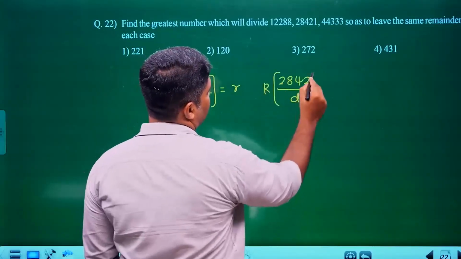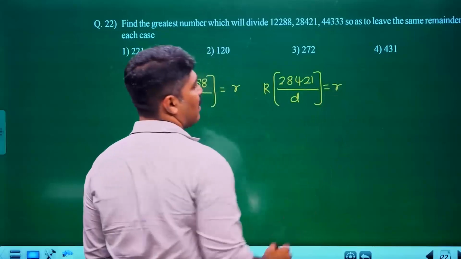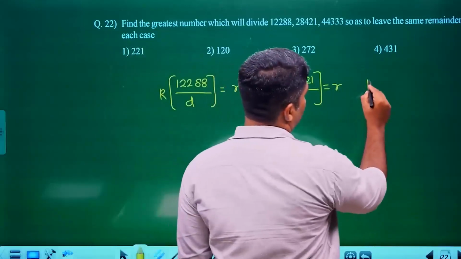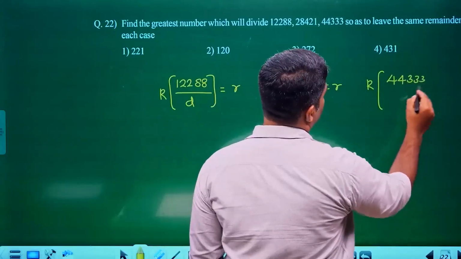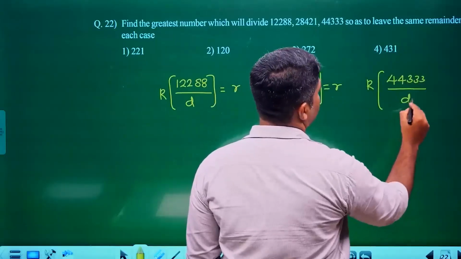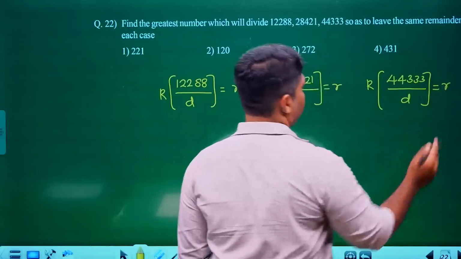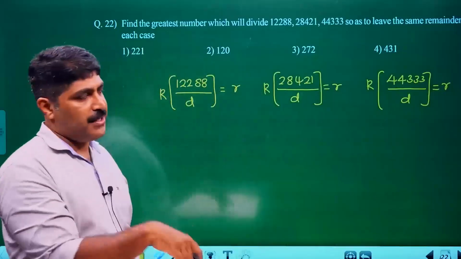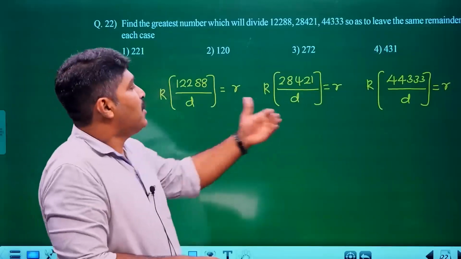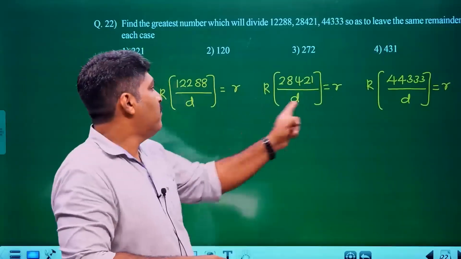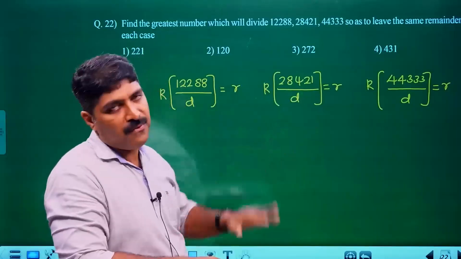We will get the same remainder R. Similarly, when we divide the last one, 44333, by the same divisor, it also leaves the same remainder. So this is the situation. We have to find the greatest such divisor, the largest possible value of D.